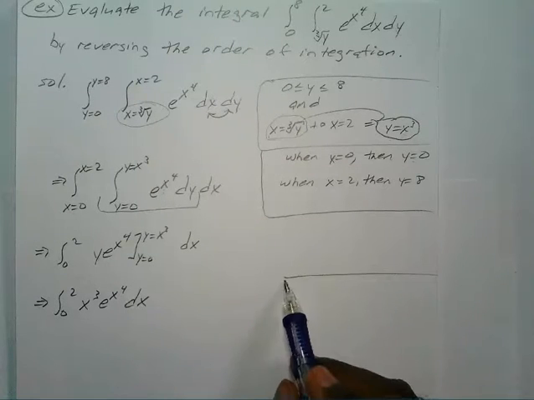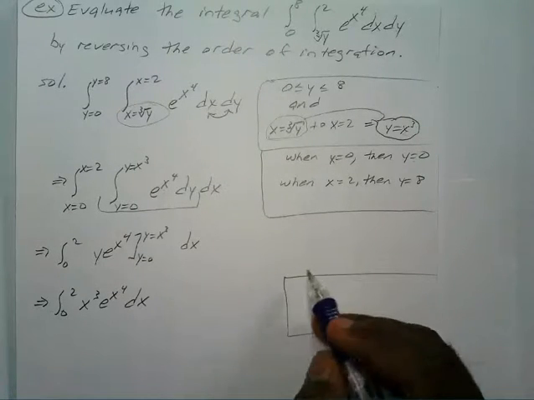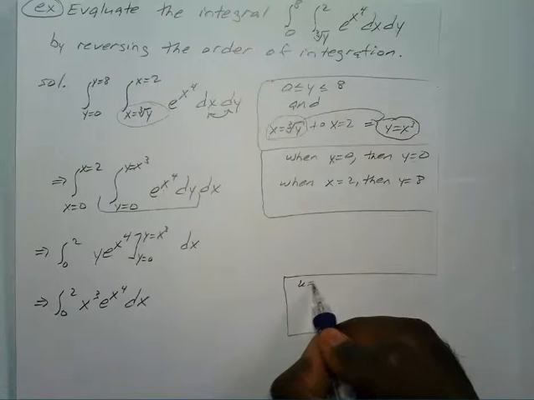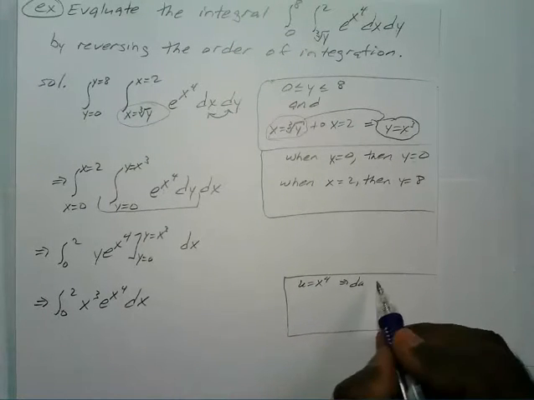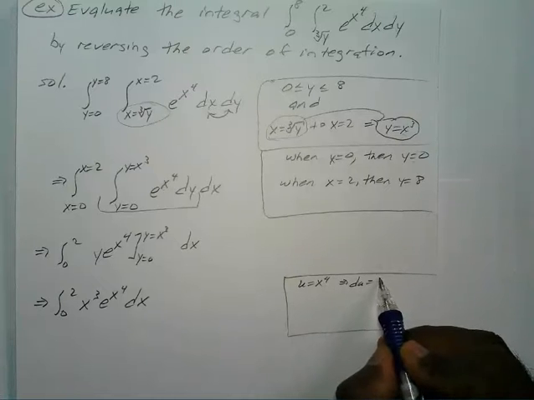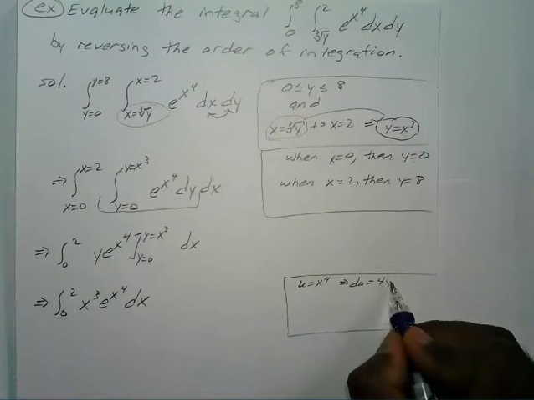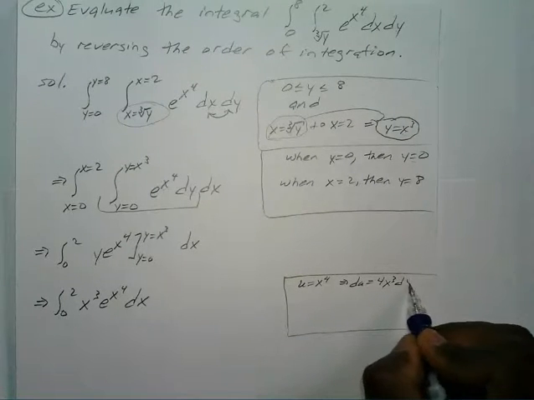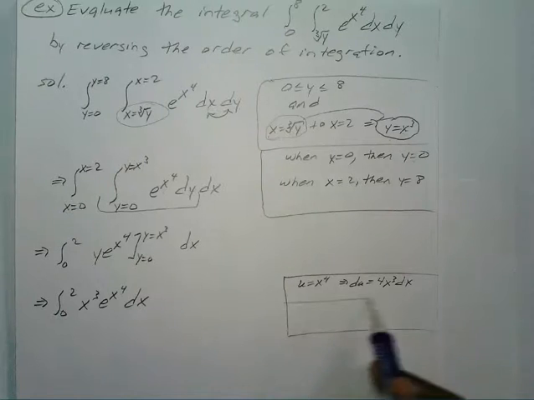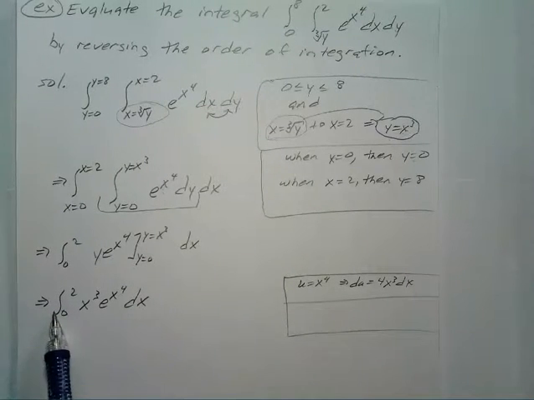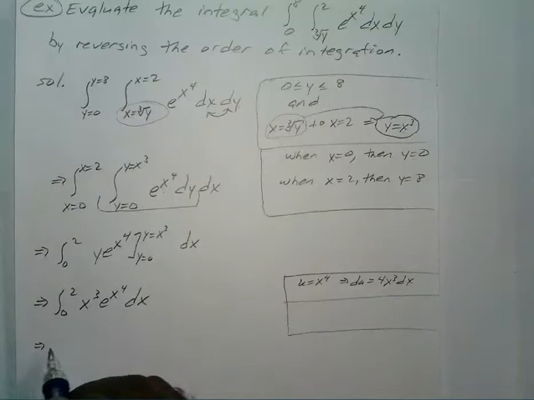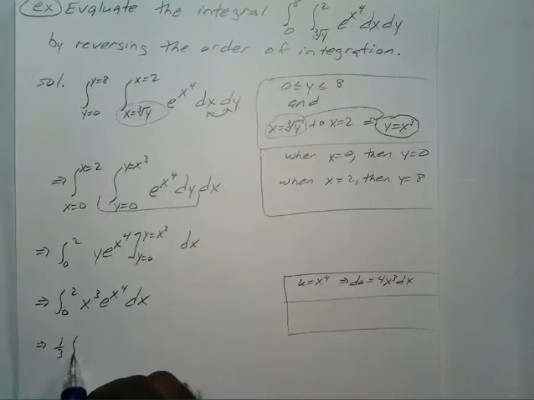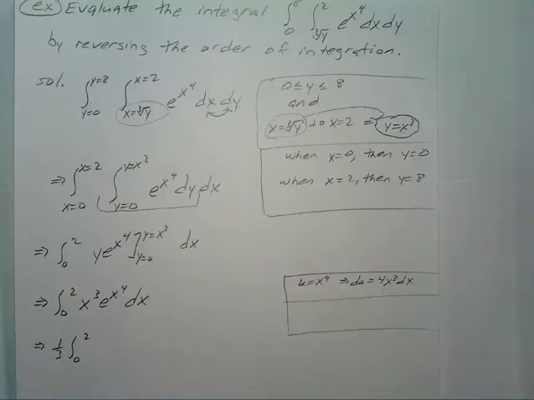Okay, so to do that, we use our u substitution. u equals x to the fourth, and du equals 4x to the third dx. Okay, so that means we're going to have to multiply this by 1/4. The integral from 0 to 2.